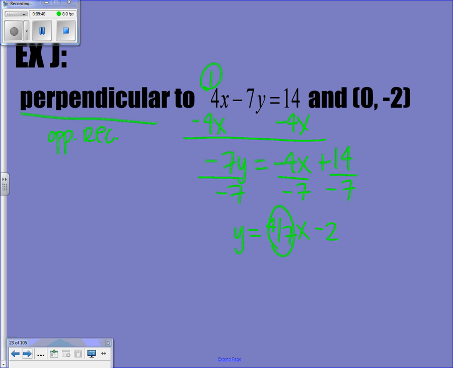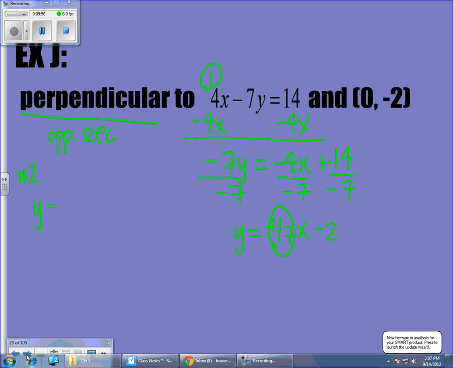So the slope of my line, which will be line number 2 over here, is the opposite. So a -4/7, because that's positive. Sorry, my computer freaked out.